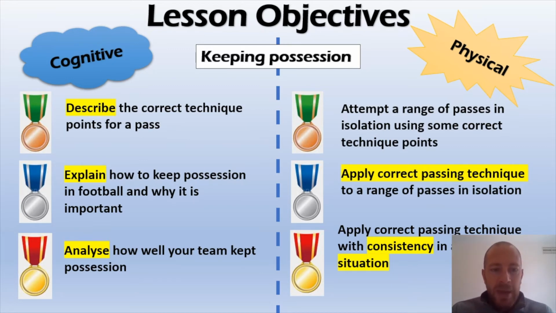So describing is an easier skill for silver, explain, and then for gold, analyze. The benefit of this approach is that regardless of a student's physical competence, they can still potentially achieve that gold objective, which is great, but I do have a couple of issues with this being the focus of the lesson.